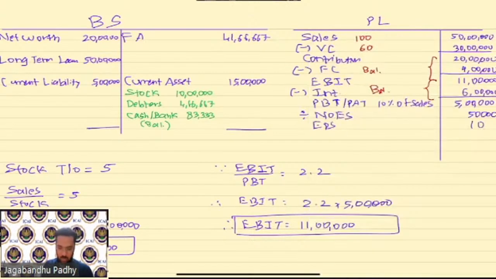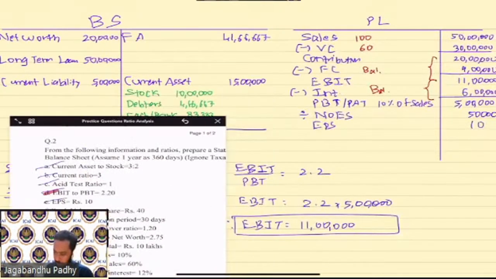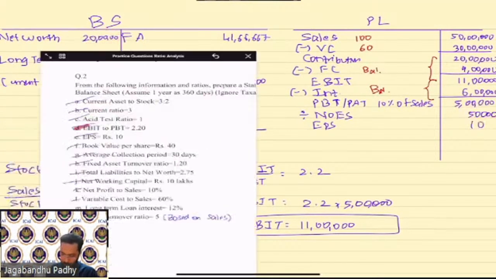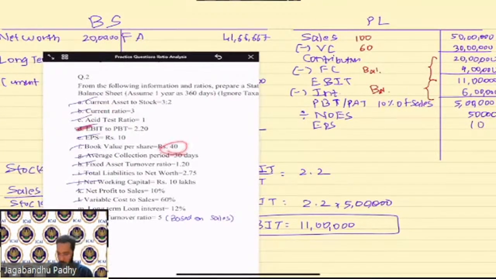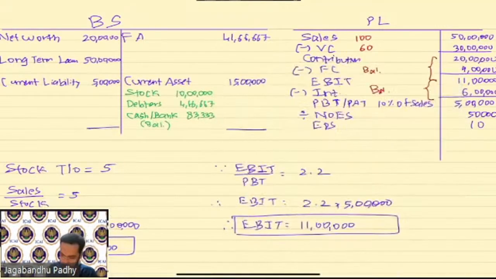The only thing is with regards to equity capital, they're saying book value per share is 40, which definitely tallies because we said number of shares is 50,000 and the net worth is 20 lakh. So 20 lakh divided by 50,000 definitely tallies to the book value per share as 40. Apart from that, there is no information with regards to reserves or anything. So I think this is the answer for it.